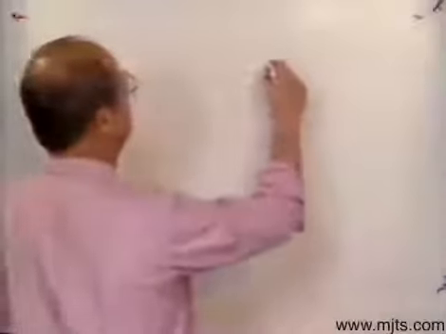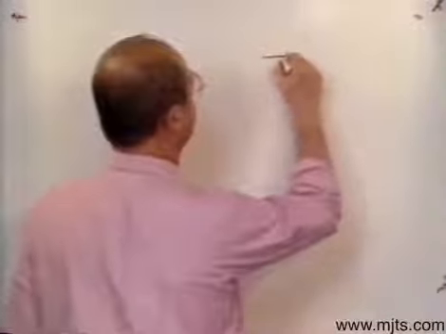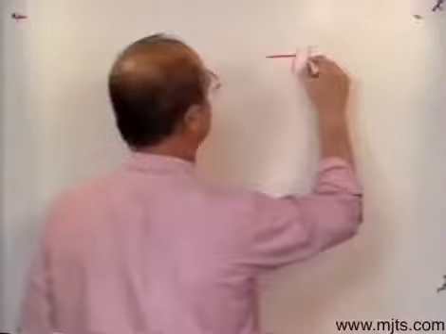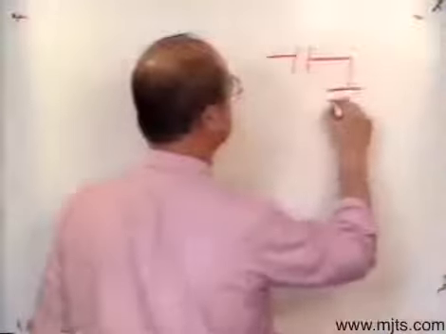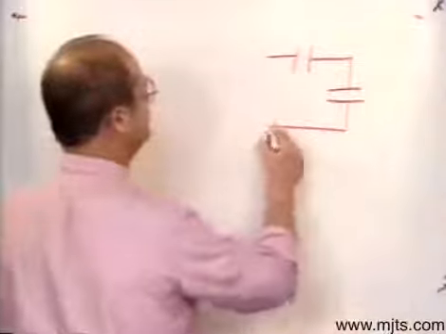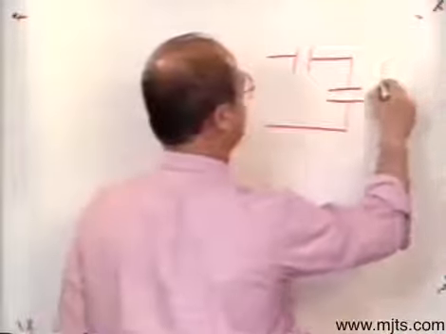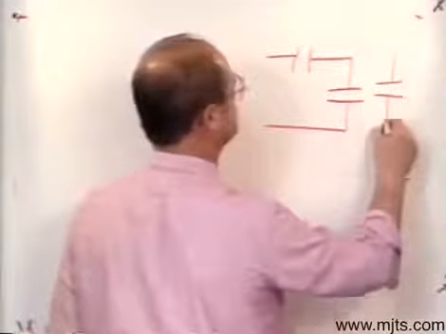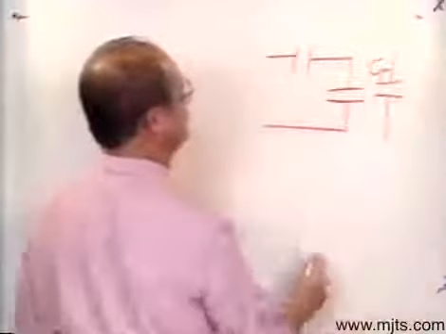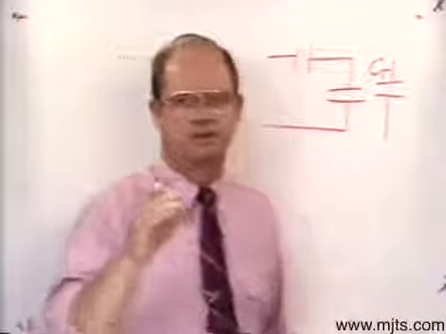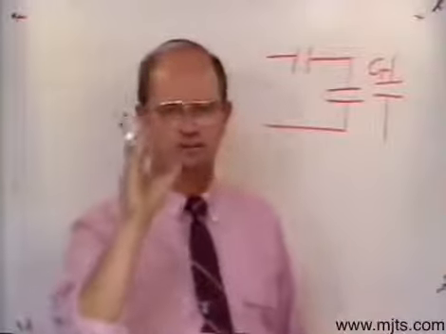If I have capacitors in series like this, to find my total capacitance, my C sub T in this case, what I would have to do now is use the reciprocal method.